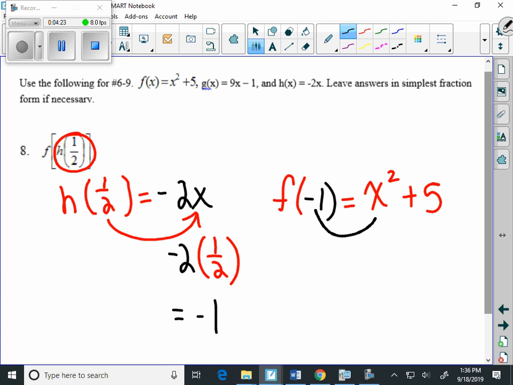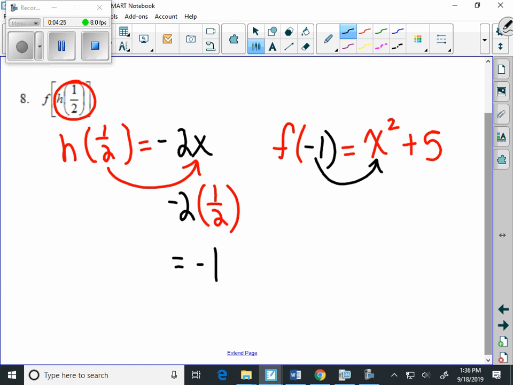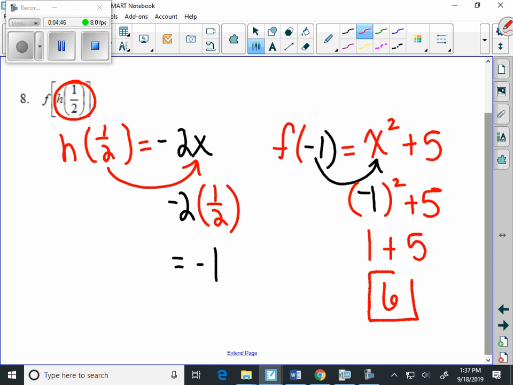The negative 1 is going to go back in here for the x. So we get negative 1 squared. And again, be careful. If you're typing this into the calculator, probably in Desmos as well, you need to have parentheses around that negative. Negative 1 squared actually gives us 1, plus 5. And then our final answer will be 6.